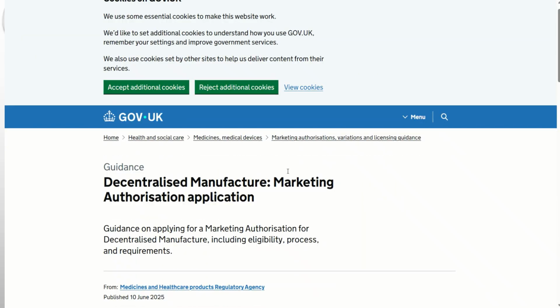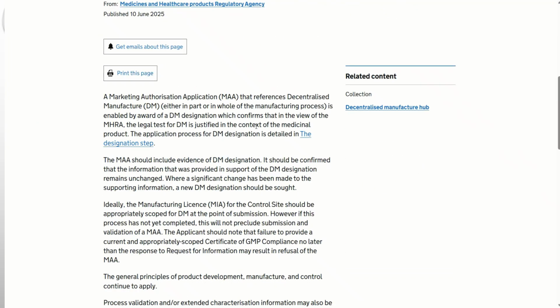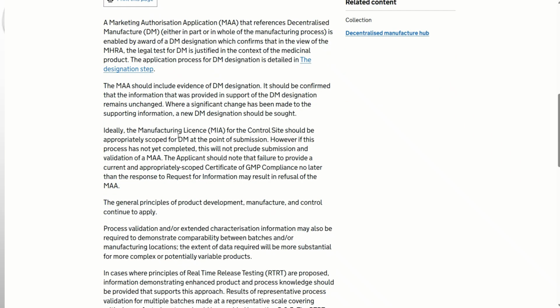Let's have a look at marketing authorization. So in your application, you should include evidence of decentralized manufacturing designation.